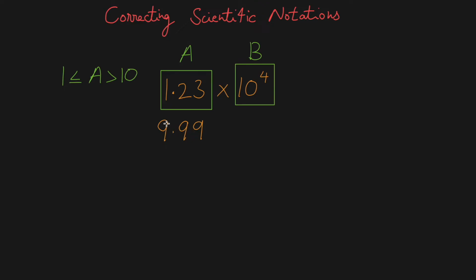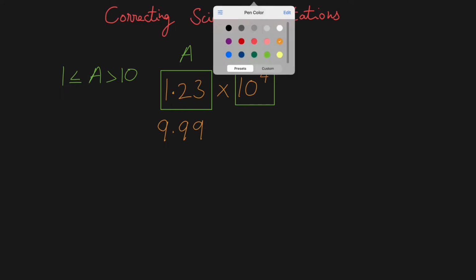So I can write 9.99 as long as I am under this condition, that this part should be greater than or equal to 1, but less than 10. Or the first rule I told you about, that the first digit should be non-zero followed by a decimal point. So this was the rule in more mathematical terms.